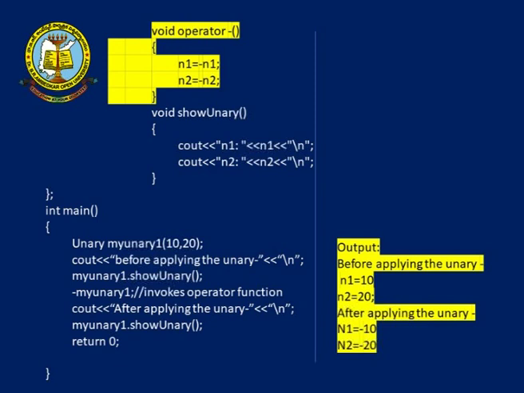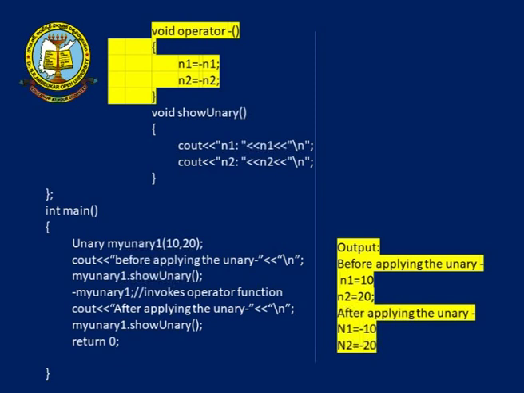When we apply the unary minus on one object, it automatically invokes the operator function and automatically passes the n1 and n2 values through this object itself. Here the object's n1 and n2 are automatically assigned a minus sign, and they are again assigned to n1 and n2 respectively. And after applying this unary minus, we are showing the data member values by calling the show unary method.